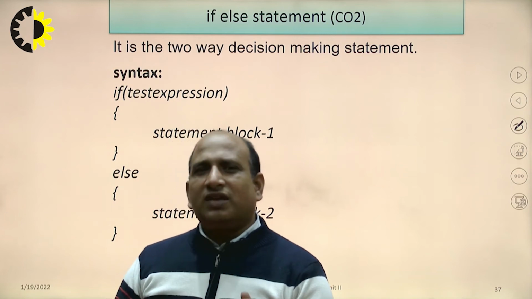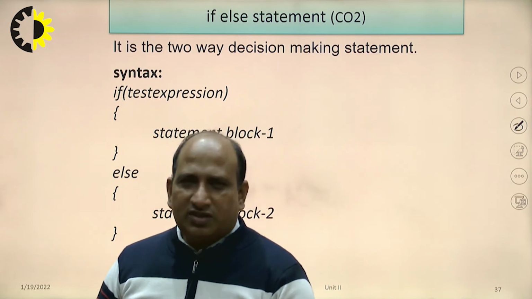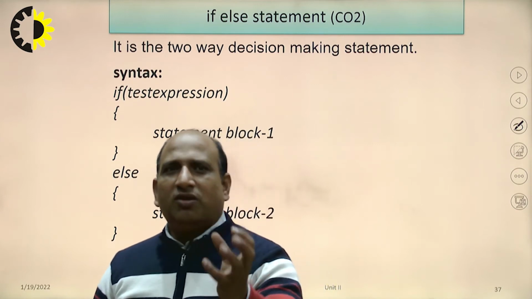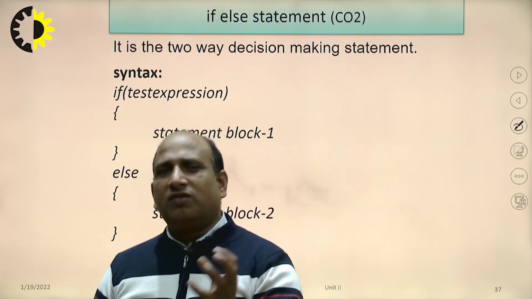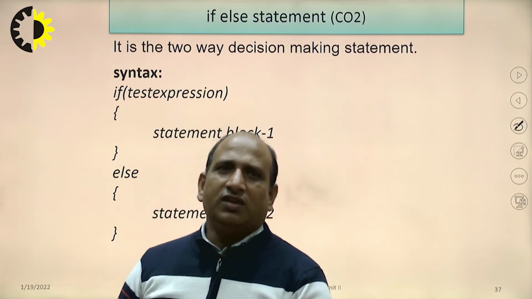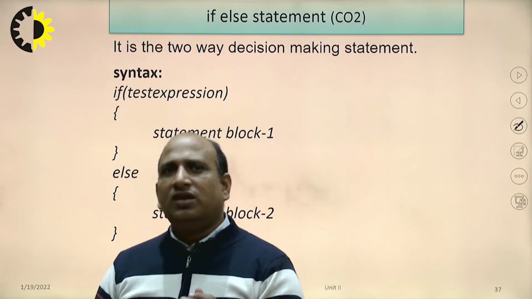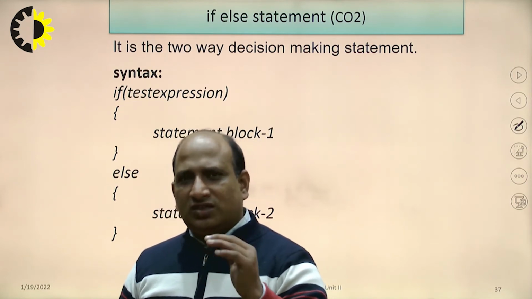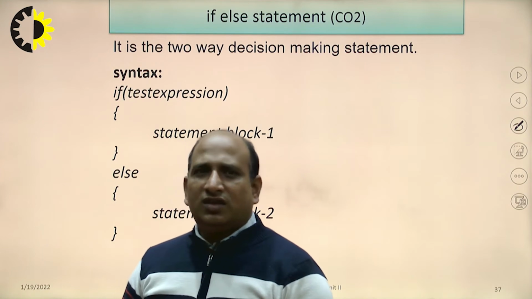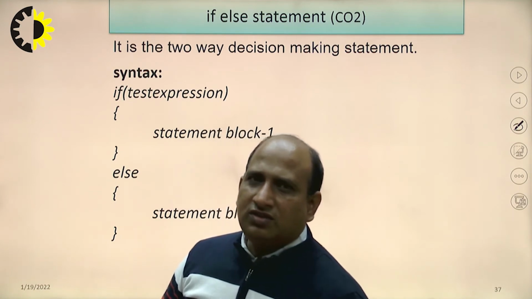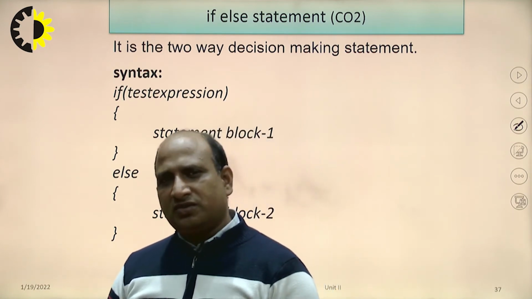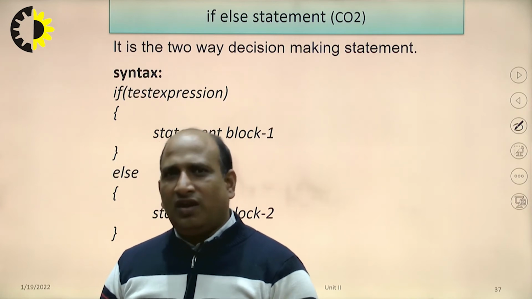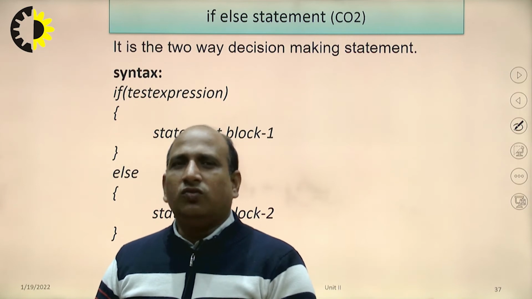Means the else part will execute when the test expression evaluates false. The block of the if statement will execute when the test expression is true, and otherwise statement block 2 will execute. Depending upon the test expression, any one of the two blocks will execute, and this is really the two-way branching.